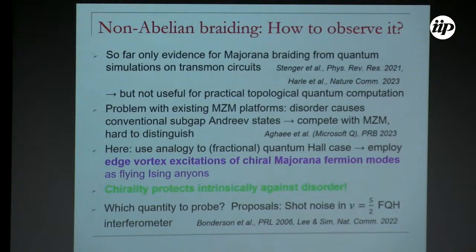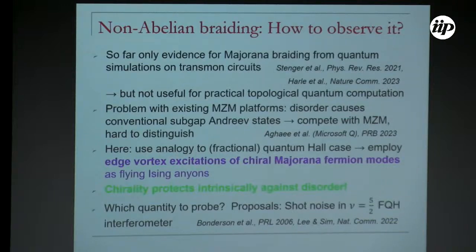For instance, in 1D nanowires, the ends should carry such Majorana zero modes. The problem with these platforms, also with the topological superconductors where the vortex carries the Majorana zero mode, is that disorder causes conventional subgap Andreev states, and these subgap Andreev states compete with the Majorana zero mode. Yeah, and so they can mess up the signal, so that they're hard to distinguish.